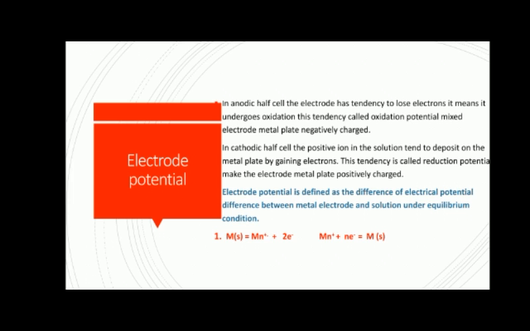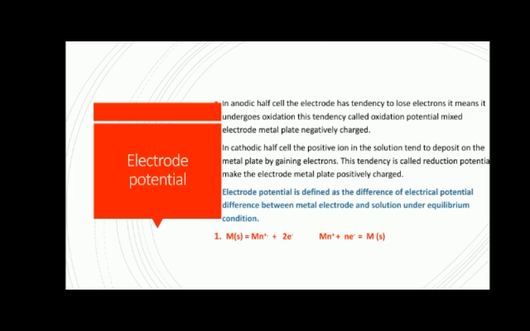In the cathodic half cell, the positive ions in the solution tend to deposit on the metal plate by gaining electrons. This tendency is called reduction potential, which makes the electrode metal plate positively charged. Electrode potential is defined as the difference of electrical potential between the metal electrode and solution under equilibrium condition.